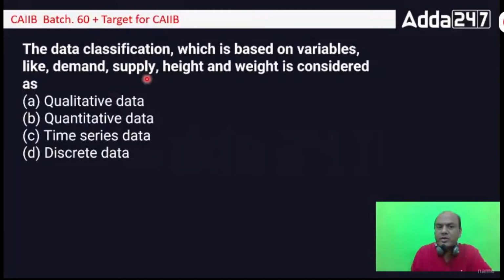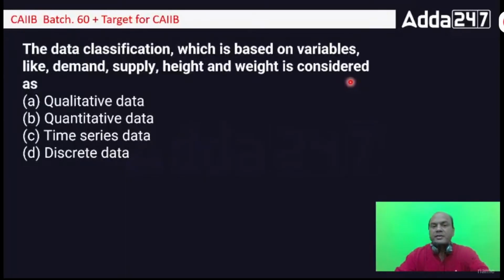The supply for my product is 40,000. The average height of the persons is 5 meters or 2 meters. Weight of anything is, let's say, 70 kg. So you have numbers for this. Whenever you have number for anything, it is called as quantitative. Quantity, where you can measure it. Quantity, right? So quantitative, got it?